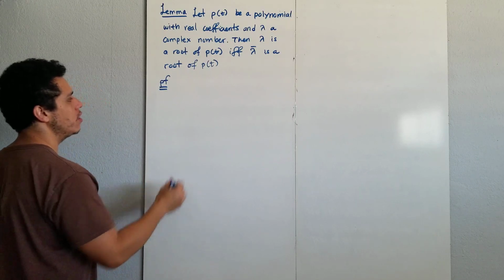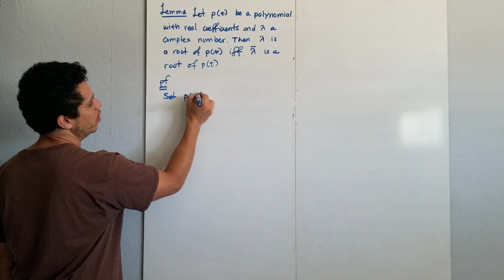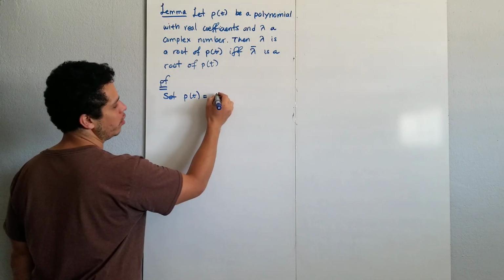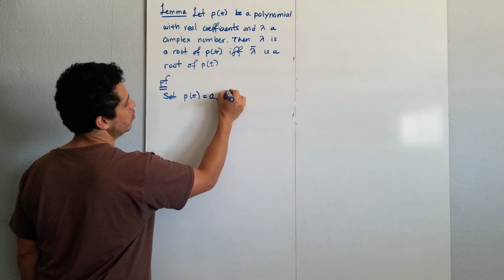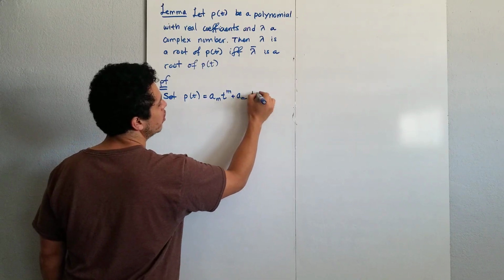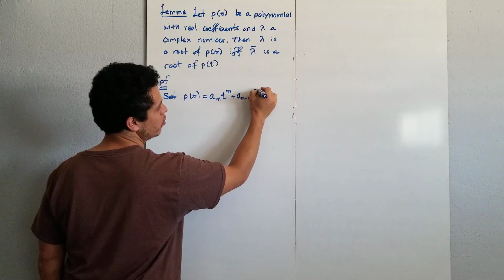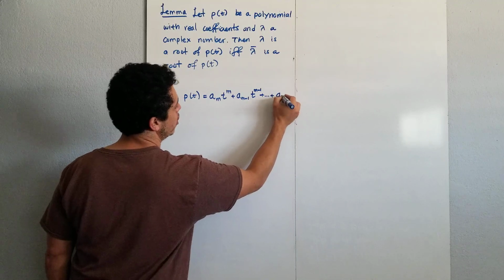So the proof of this is the following. I'm going to set p of t as a polynomial, so I will write it in the form a_m t to the m plus a_{m-1} t to the m minus 1, all the way up to a_0.